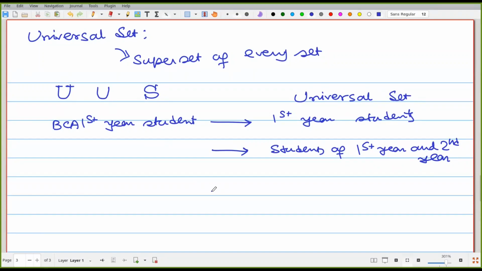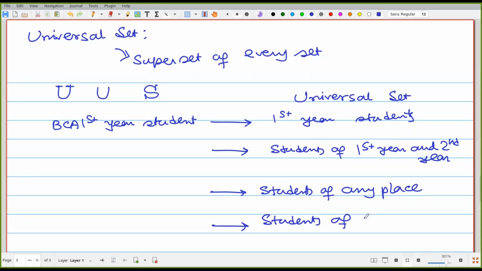Once again, we can say the students of any place. Then we can also define our universal set as students of any country.